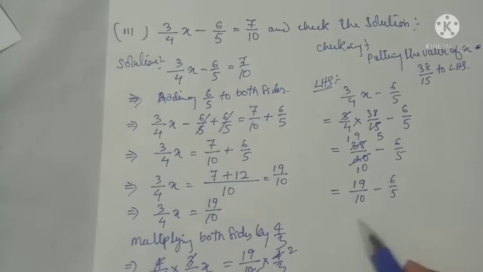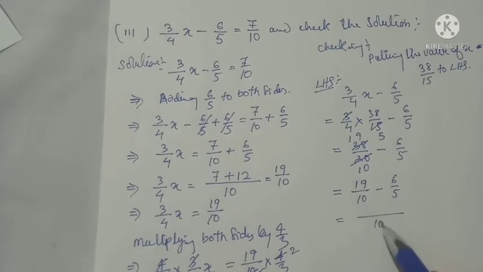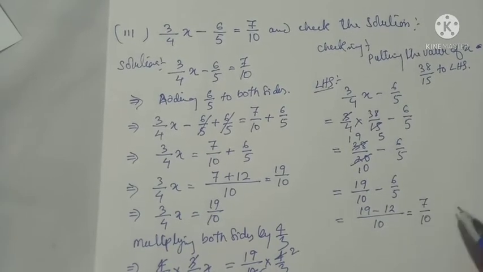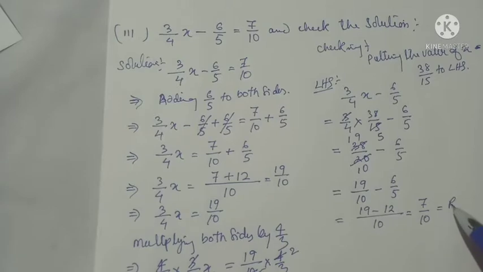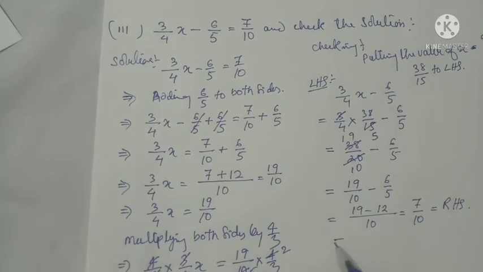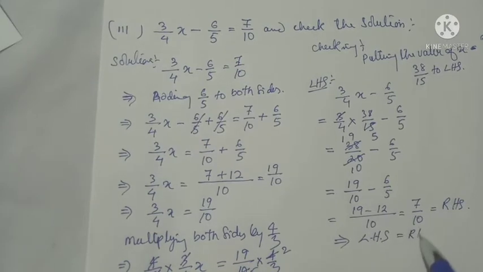Let's see. Take the LCM, we got 10. You divide 19 to 12. The answer is 7 by 10. The 7 by 10 is the right hand side. We got the right hand side. So the value of x, that is left hand side, is equal to right hand side.